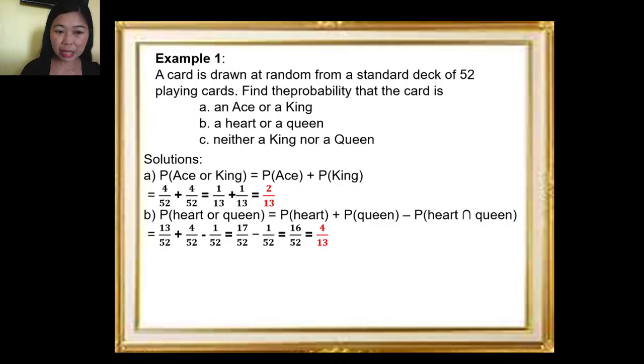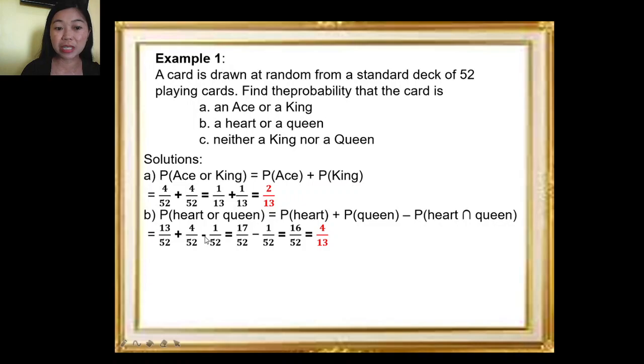Why? Kasi, dun sa 4 na queen, may isa dun na heart. Diba 4 yung queen? Queen of spade, queen of flower, queen of diamond, queen of heart. Since counted na yung heart na queen dun sa 13, nandyan na yung heart sa 13 na yan.